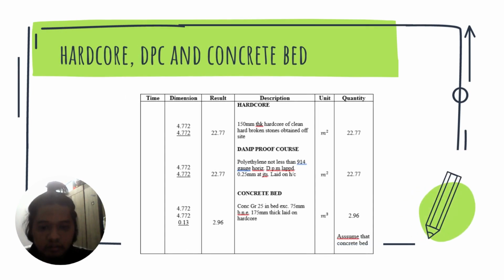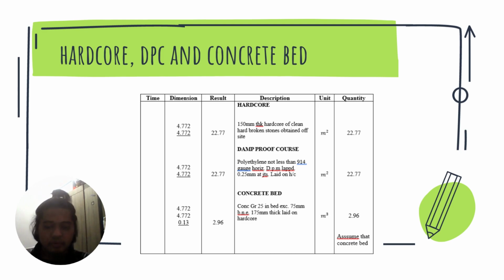For the hardcore, 150 mm thickness hardcore of clean hard broken stones obtained off-site, and the result is 22.77, and the unit in meter square.